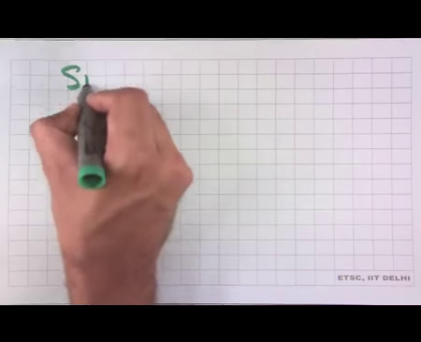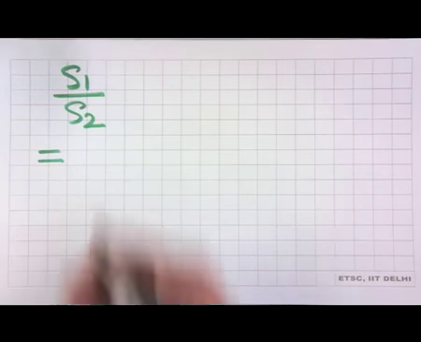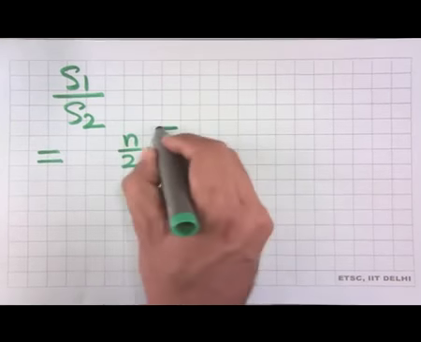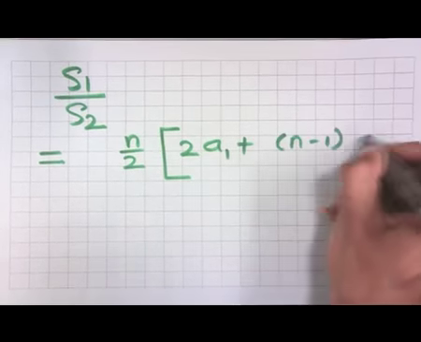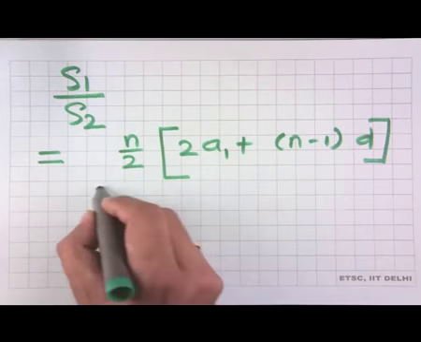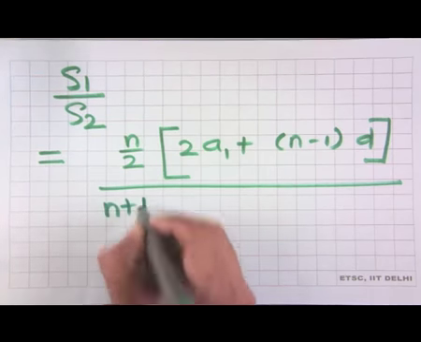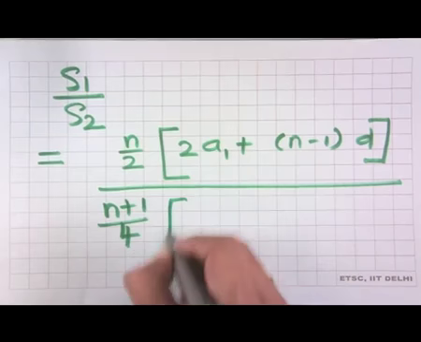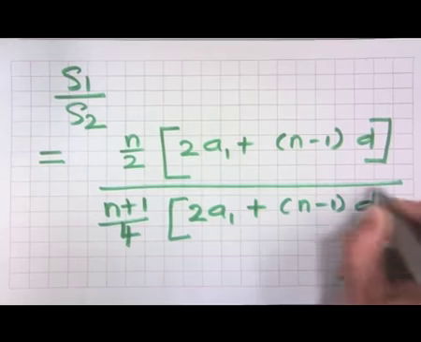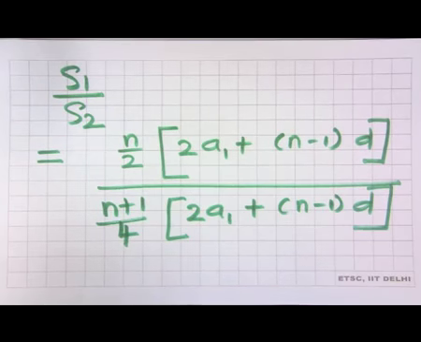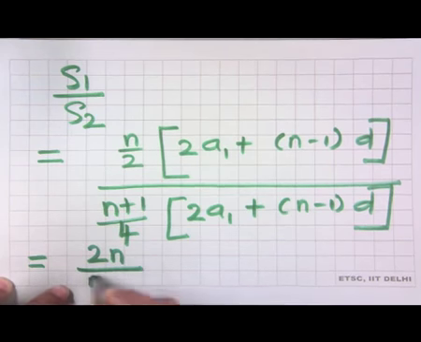We can complete the solution by just finding the ratio S1 by S2, namely n by 2 times (2A1 plus (n minus 1) times D), which is S1, divided by (n plus 1) by 4 times (2A1 plus (n minus 1) times D), which on further simplification yields 2n by (n plus 1).